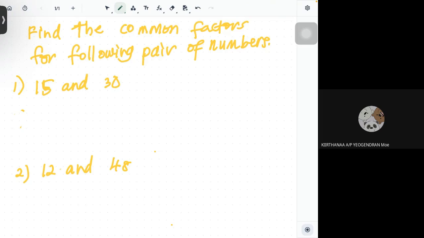Okay, now we list the factors first. Factors of 15: 1, 15, 3, and 5.